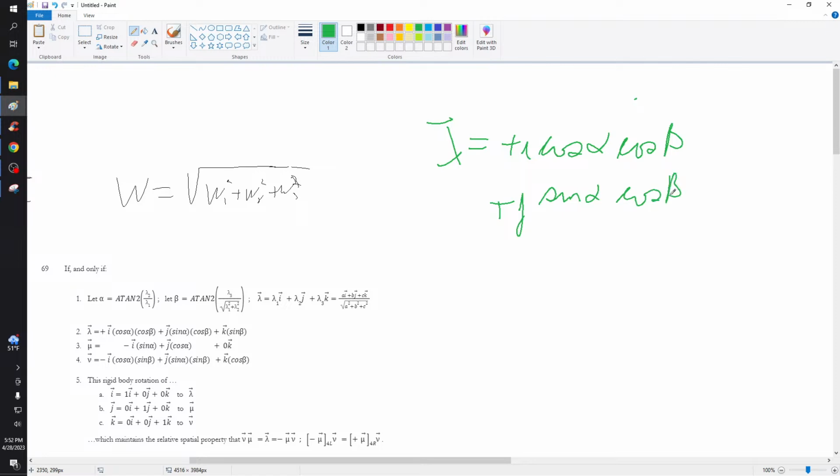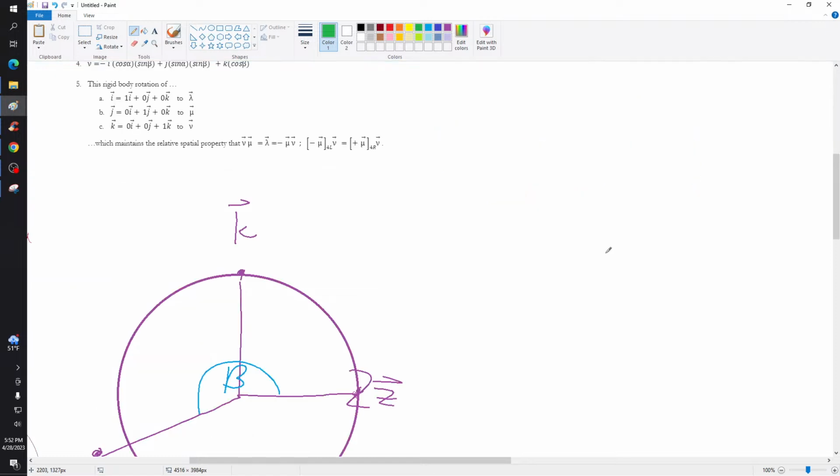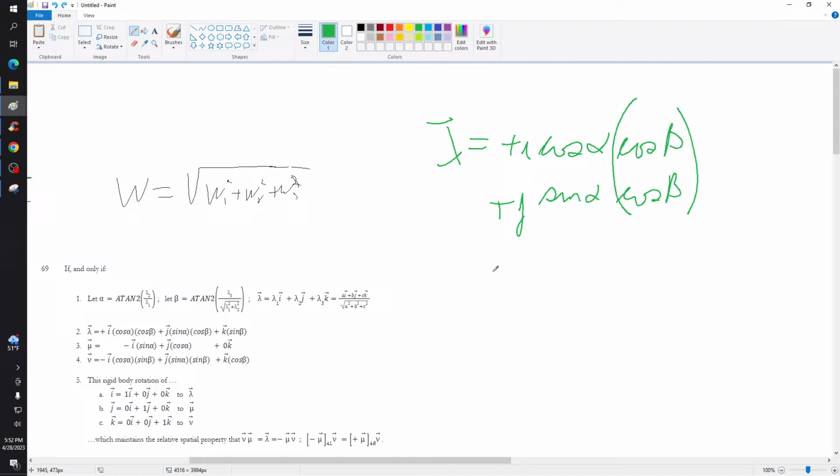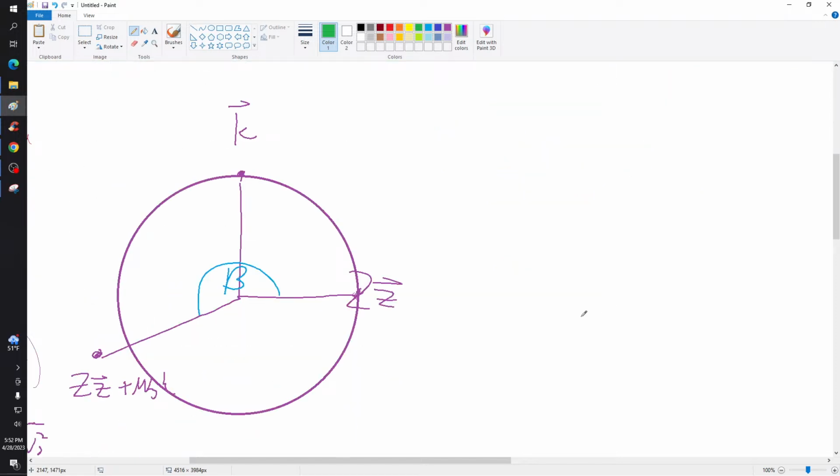Remember, the reason we have cosine beta appearing twice is because beta is the angle of the z vector to the w3 k coordinate. And then we get plus k sine beta, which is the sine of this angle. This is the k coordinate.